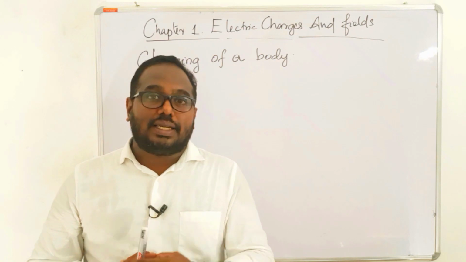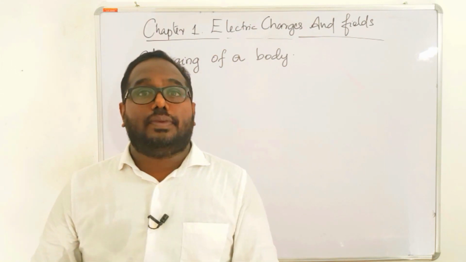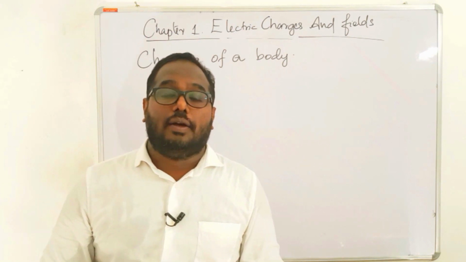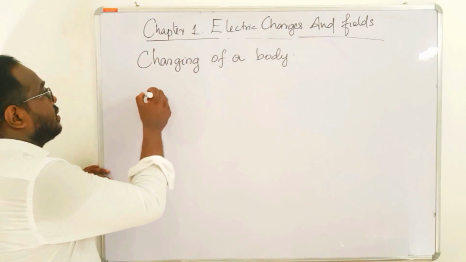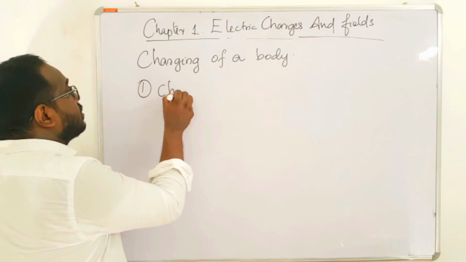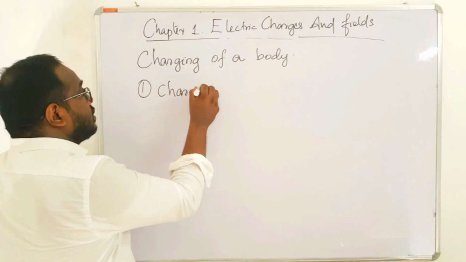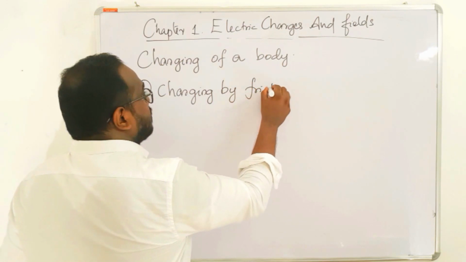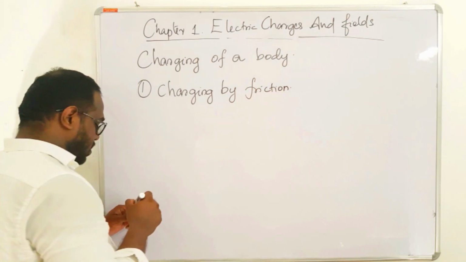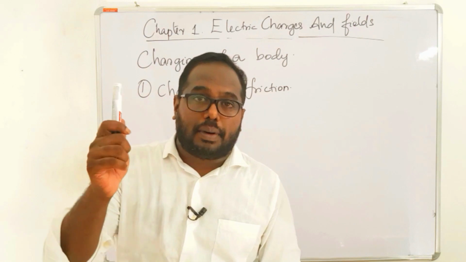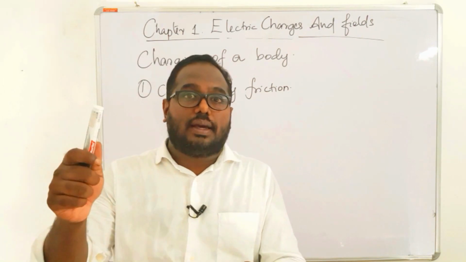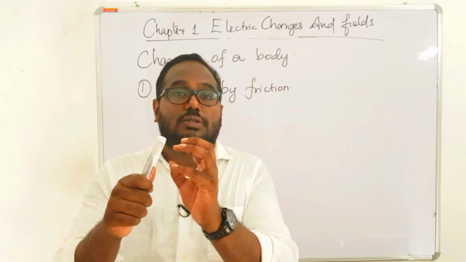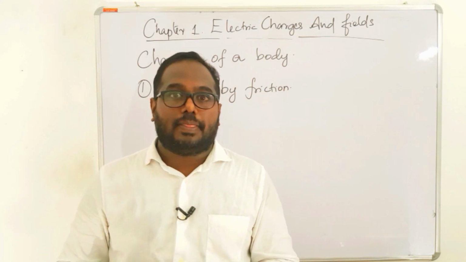Charging can be done in basically 3 ways. First one is charging by friction. An example is when you rub your scale on your hair, we can charge it. A net charge is produced on that material.